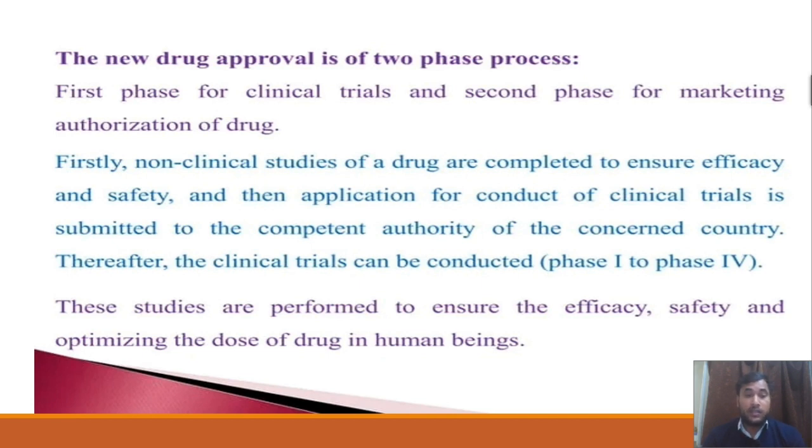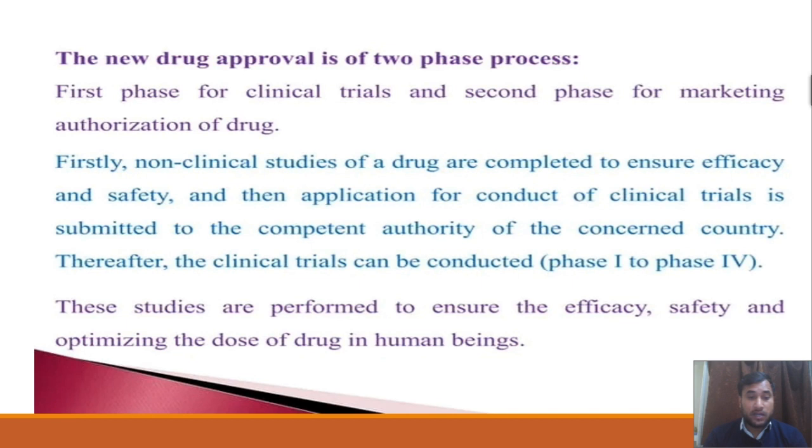Thereafter, the clinical trial can be conducted in phase 1 to phase 4. After getting permission from the concerned regulatory authority, the human clinical trials can be conducted between phase 1 and phase 4.